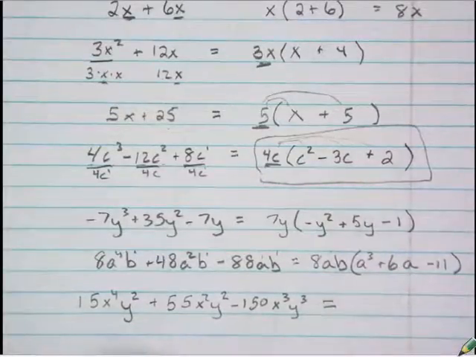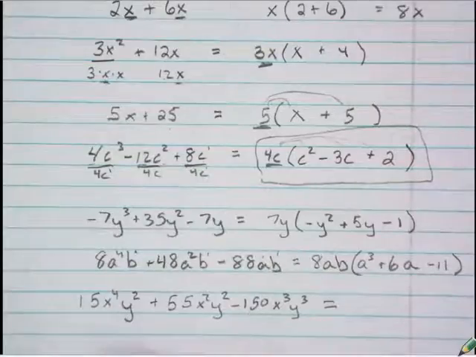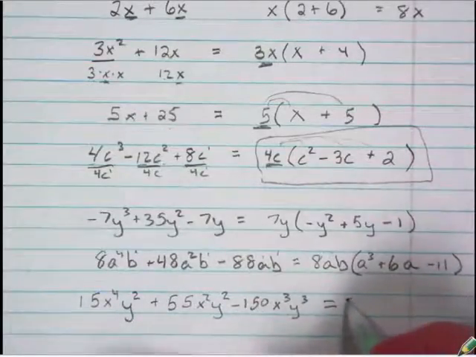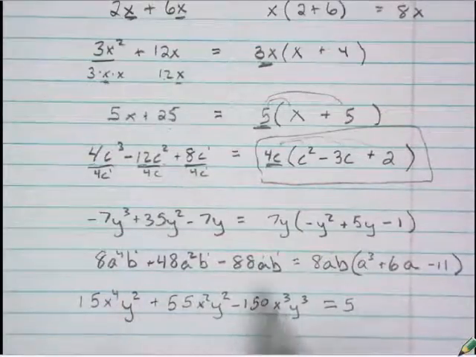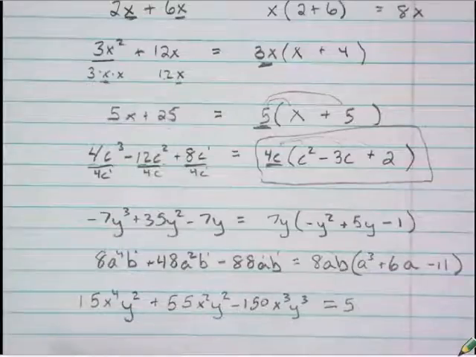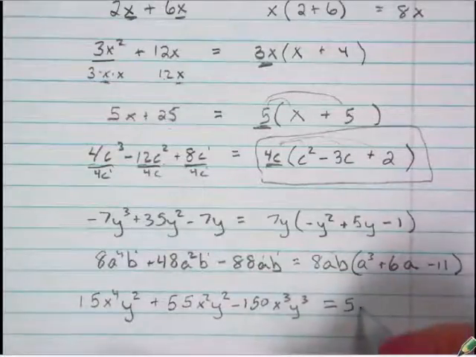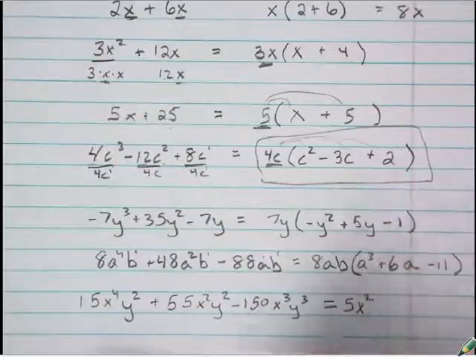Okay, I have a GCF of 5, and if you look at the variables, I have x to the fourth, x squared, and x to the third. If I think about what all of those mean, every single one of these is going to have at least x times x, which means that my GCF includes x squared.